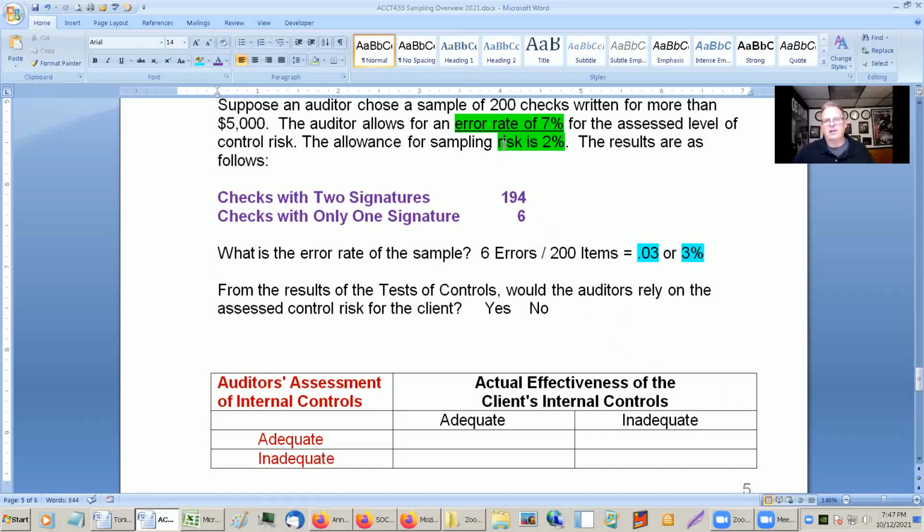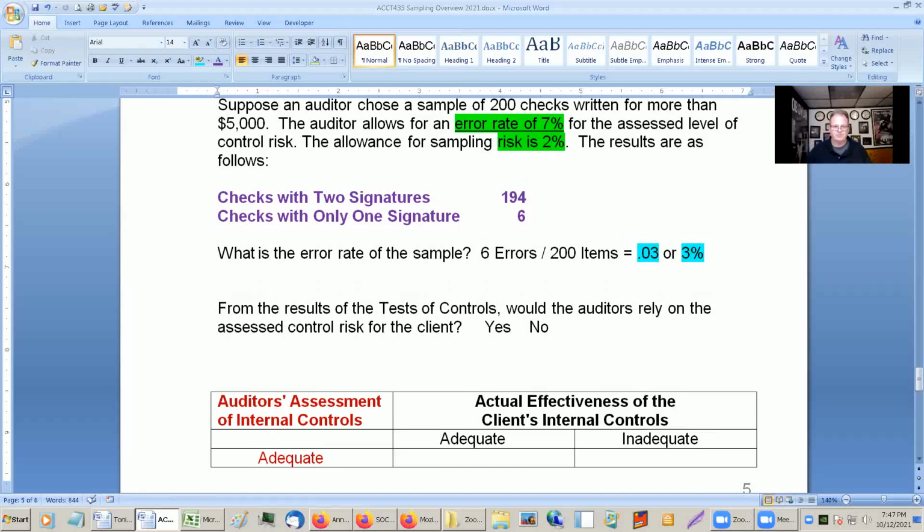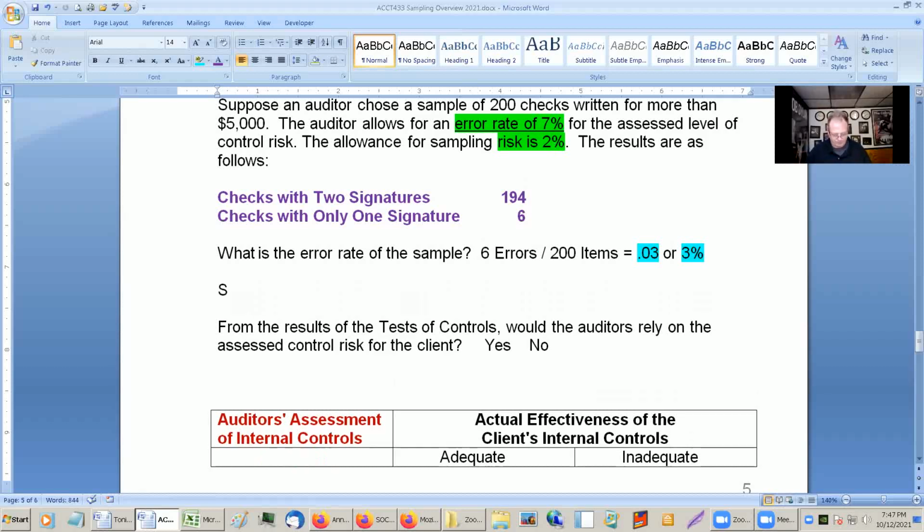Okay, so our error rate is 3%. Our allowance for sampling risk is 2%. So it kind of looks like this: 3% plus or minus 2%.